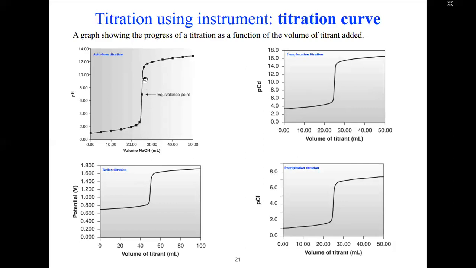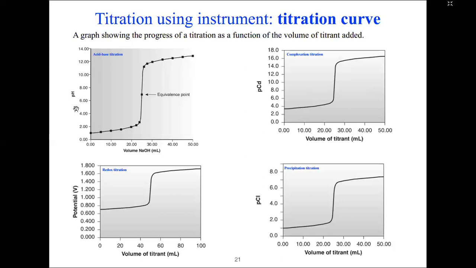Then what you do? In this steep rise, you draw a vertical line. If you draw the vertical line, the point where it coincides with the x-axis will be your volume. That will be the volume of sodium hydroxide required to neutralize the acid in the conical flask.